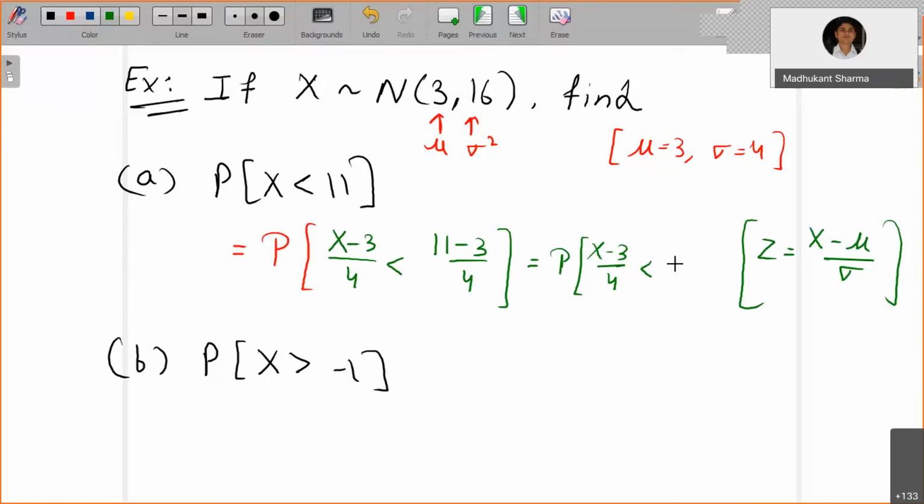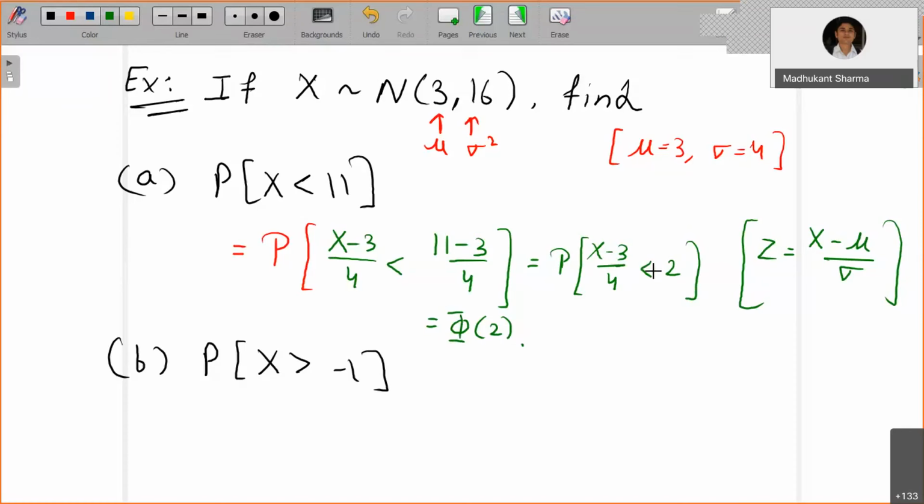So this value is nothing but phi of 2. See, in the continuous case, less than or less than or equal to doesn't make any change. That means it will not make any change in the area in the continuous case. However, it will matter in the case of discrete random variables.